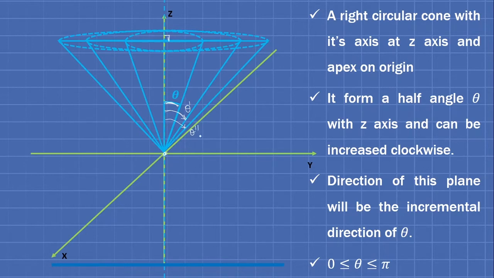And if we want to cover each and every point of space with the help of this right circular cone, then we need to change the half angle theta from 0 degree to 180 degree, or in terms of radian, 0 radian to pi radian. So the range of the second coordinate will be 0 to pi. If we increase theta beyond 90 degree, then our circular cone will look like this.